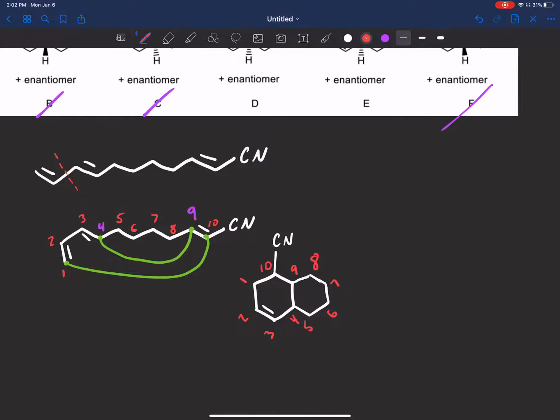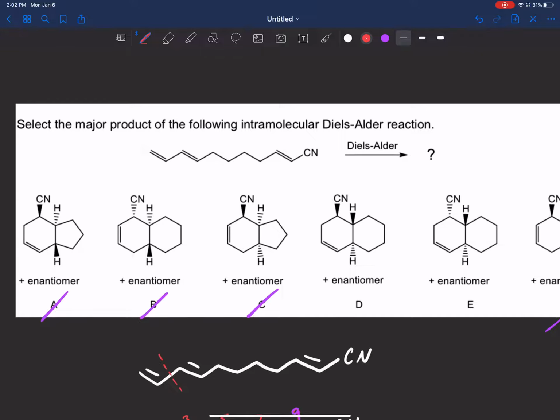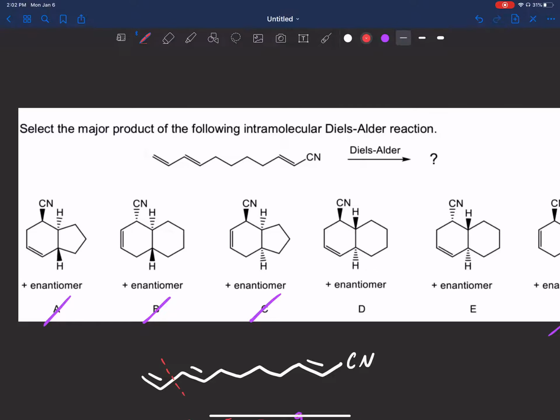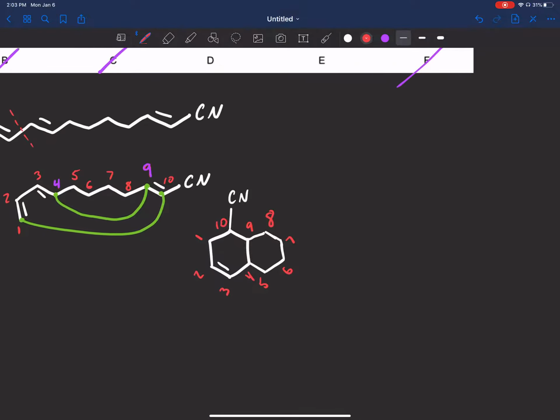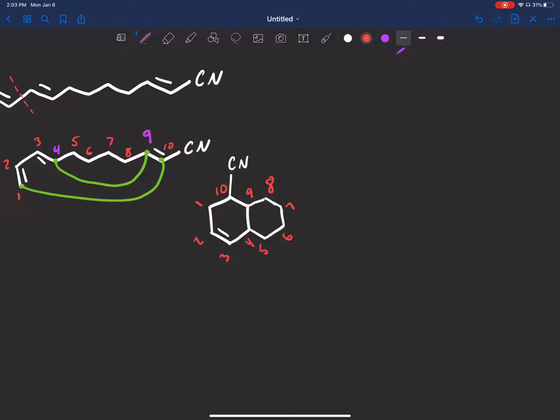any one of them. So when you're doing this on a short answer, you can draw the endo or the exo product, all right, and they will be counted correct. On the multiple choice, they could give you the endo or the exo as the correct answer. Now, most of the time, I've always seen it being the endo, right? But they could easily make it the exo, so just watch out for that.